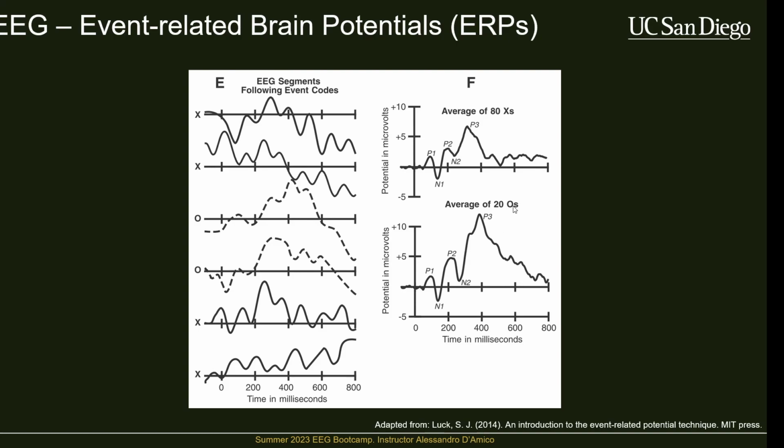Well, the P3 family in general has the largest magnitude of any of the components. There are some that are around the same level, but this is very reliably generated. You get it in almost all people, and we understand the characteristics about what makes it larger versus smaller. So it's a really nice experimental component to generate.